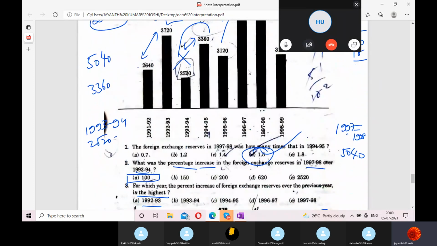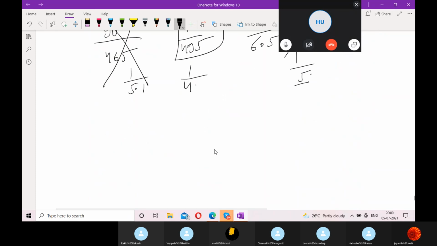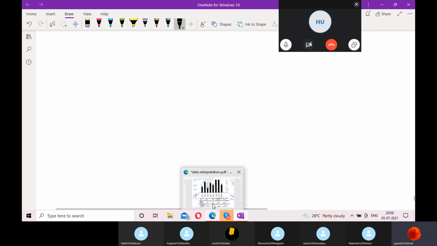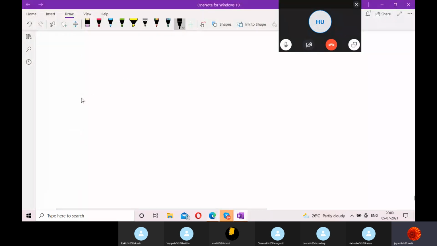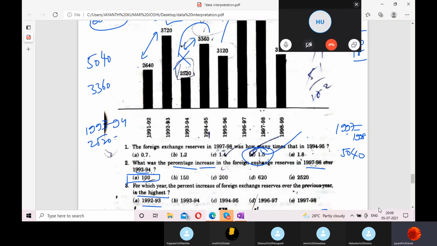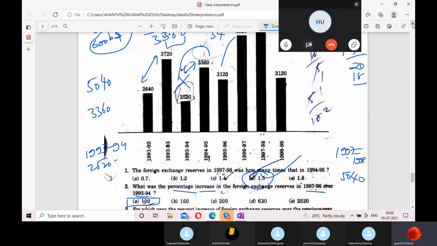So let us write the figures here: 2640 and 3720. They are asking percent increase, so you should first understand the question very clearly.